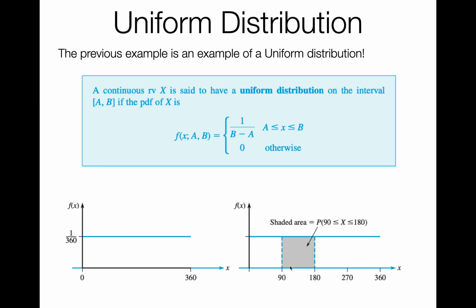The PDF was 1 over 360 minus 0, which is 360, from 0 to 360. When a distribution looks like that, it's a continuous uniform distribution. And it has a nice picture below. It's a straight horizontal line where you have positive probability, and then 0 elsewhere.